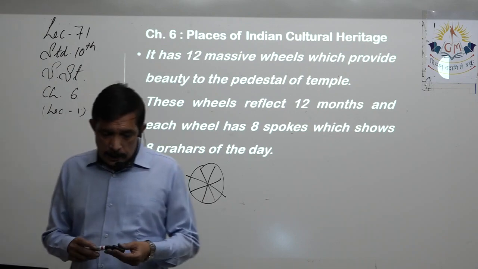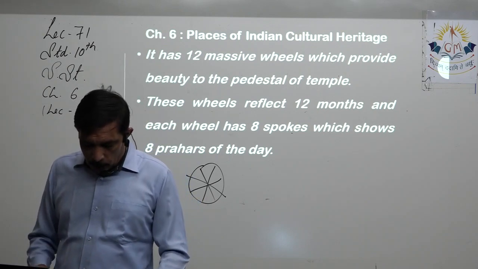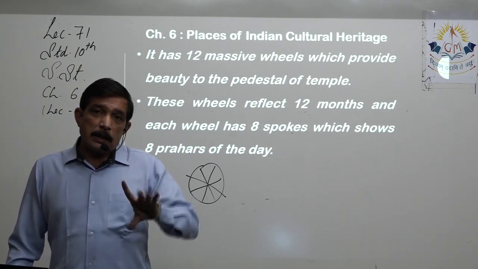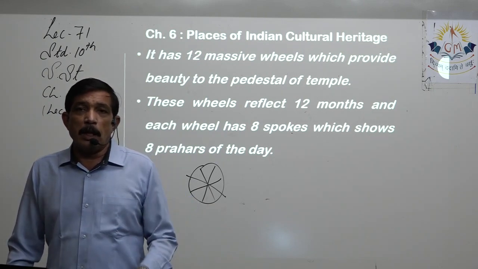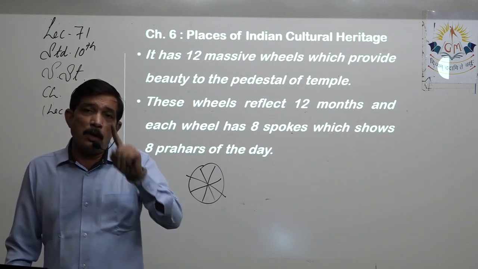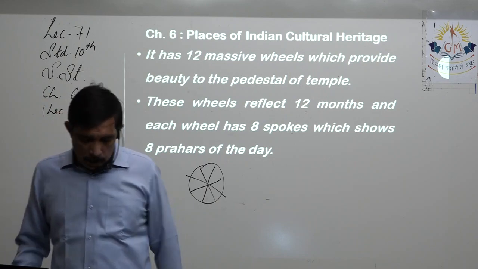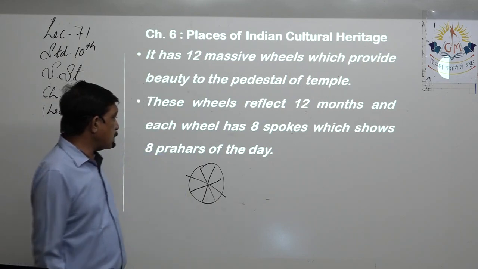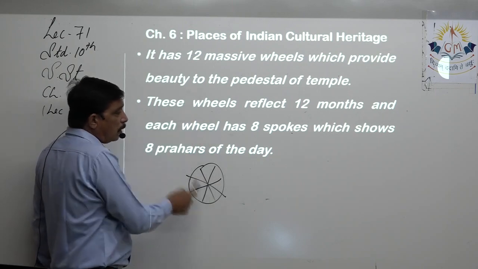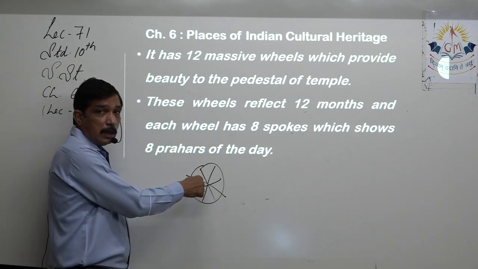In earlier days, in the ancient time, people used to count the time as एक दिन का 8 प्रहर. एक दिन means 24 hours. Yes, so 8 prahar. So 1 prahar is for 3 hours. So 8 threes are 24 hours. So 12 months, 12 wheels.